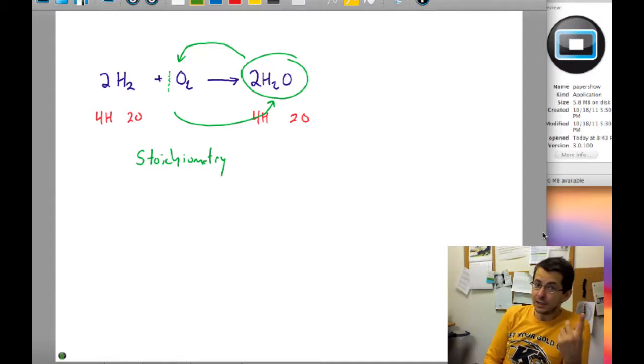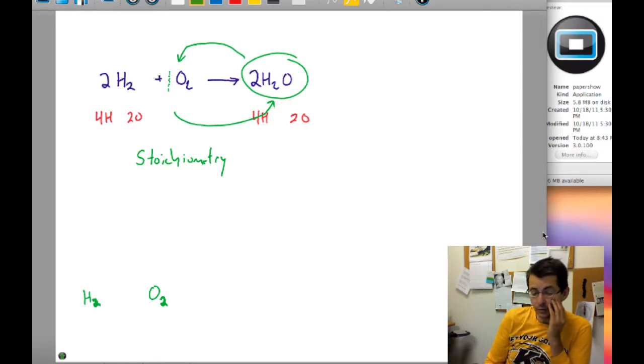But if we look at this, we see that O2 weighs substantially more than hydrogen. You'll find that oxygen weighs almost 16 times as much as hydrogen.